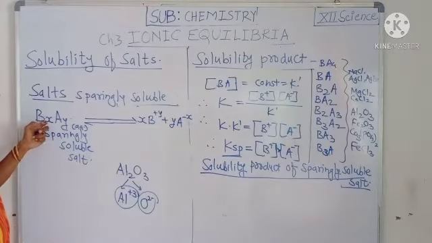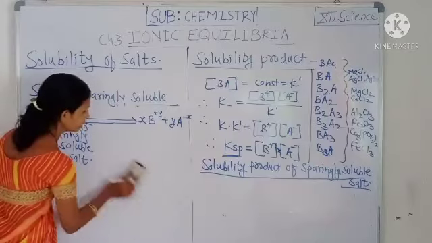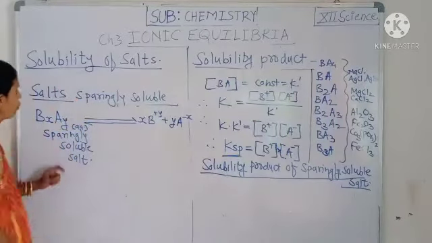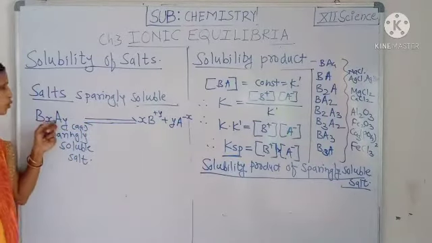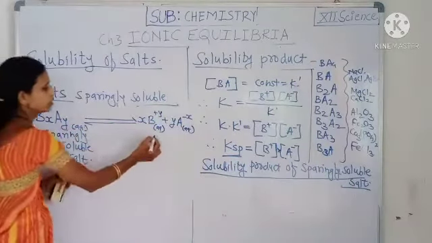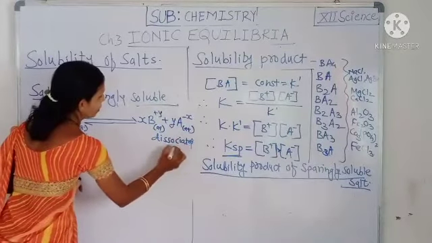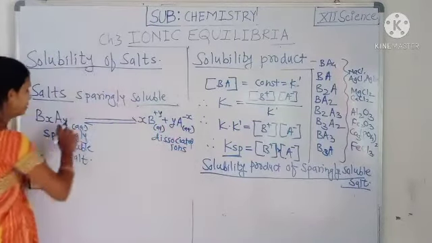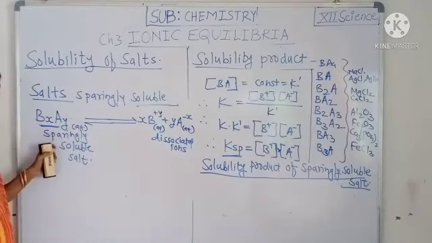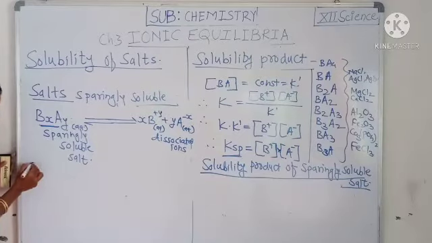Similarly, we can write the dissociation equation of a sparingly soluble salt in aqueous medium, in which equilibrium is attained between dissociated ions and undissociated salt.